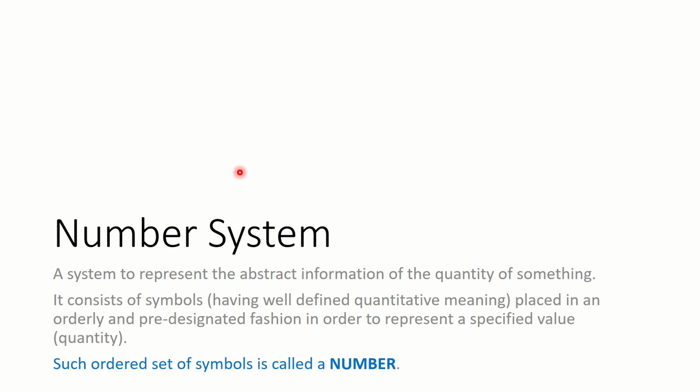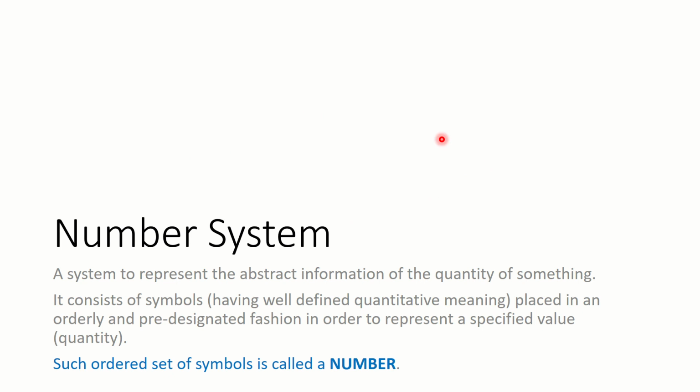And when they are placed in that manner, they represent a specific value or quantity. You can very well understand in your imagination. I will also show it in the next slide. This ordered set of symbols is called a number. So the symbols placed in that orderly manner is called a number.